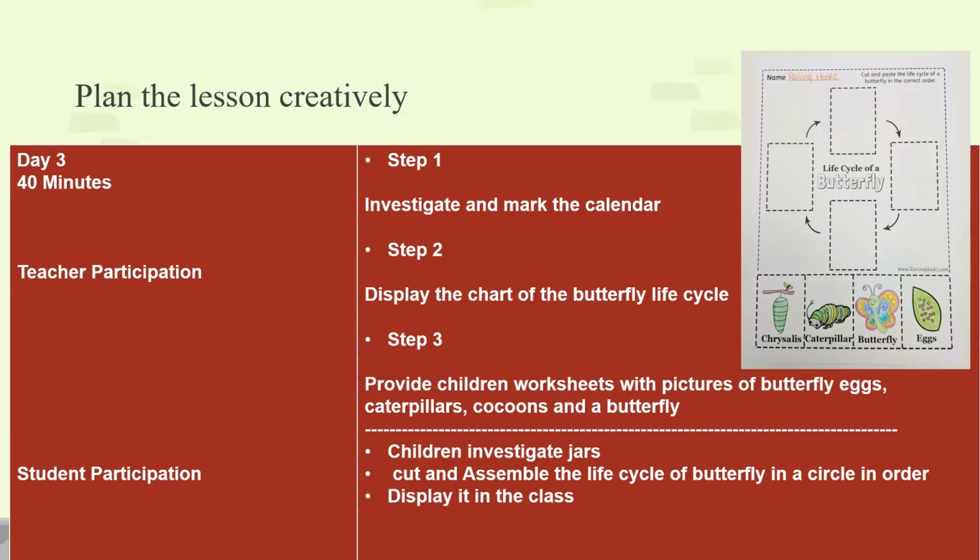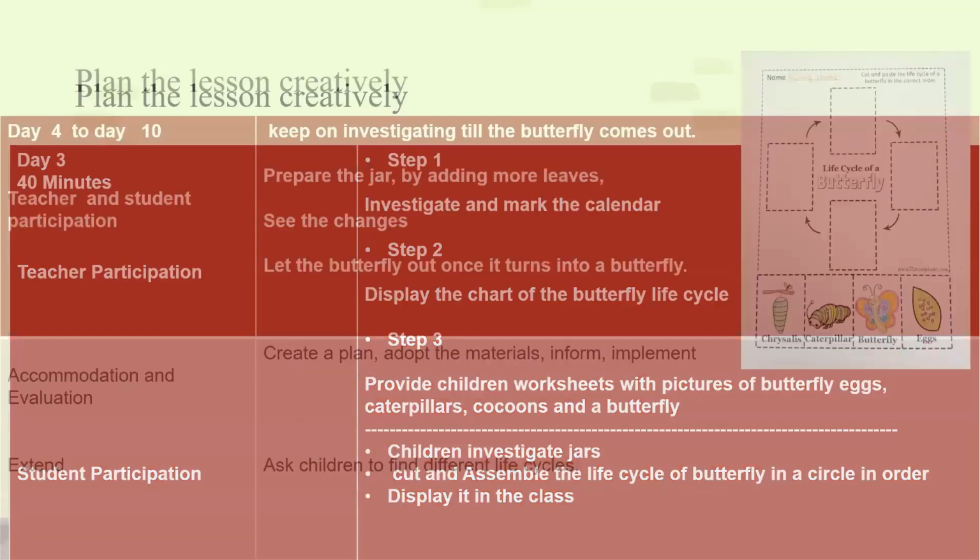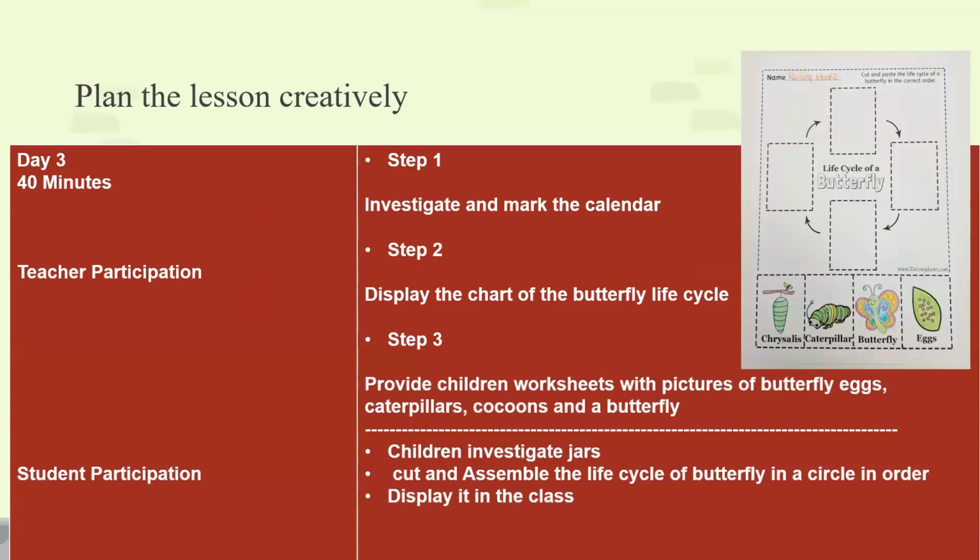Here we have a lot of finger skills, right? Cutting skills, painting skills. Also, problem solving skills, right? Critical thinking skills. And they will learn the names. Vocabulary development is also there.